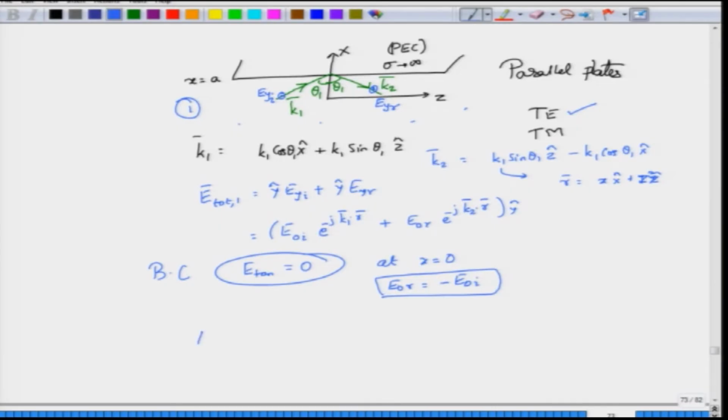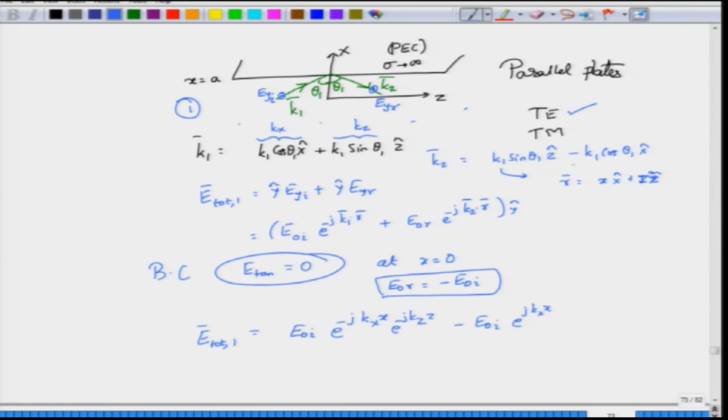With that, the total electric field in region 1, I can rewrite it as E0I is common, I will pull this out, and then you have e power minus j k. So, let me call this k1 cos theta as kx and k1 sin theta as kz. Okay. These are two auxiliary variables that I have introduced, which are related to the original k vector as well as the angle of incidence theta 1. Okay. So, I can write this as e power minus j kx x, e power minus j kz z, minus E0I, right, e to the power plus j kx x.